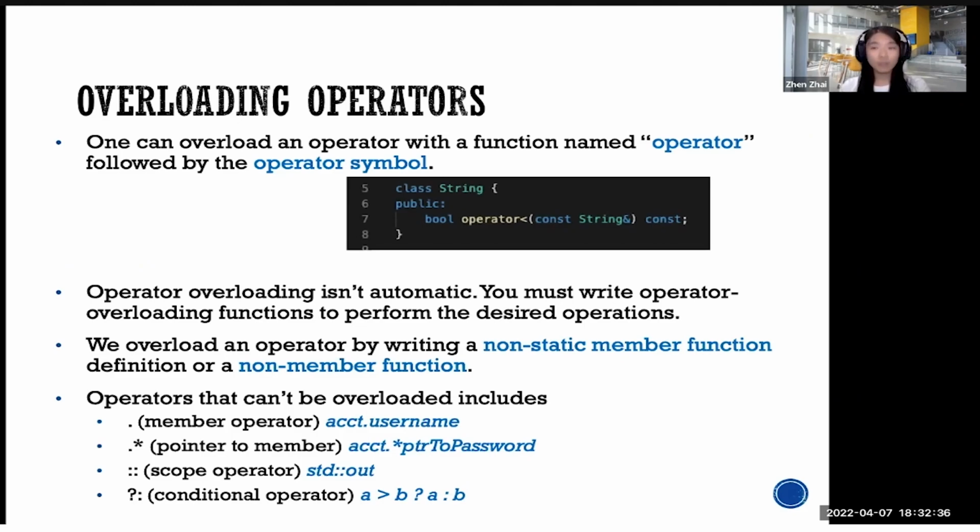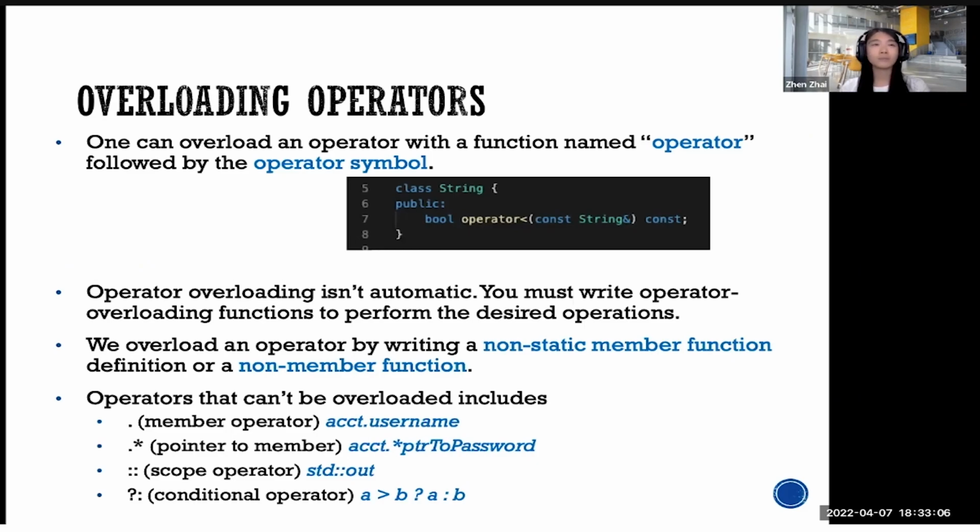Regular functions are functions that do not belong to a class, right? And remember static? Static is a class scope function. Non-static is an object scope function. So a non-static member function is one way you can use to overload. A non-member function or regular function is another way you can overload. So we'll show you examples for both and how we use them.